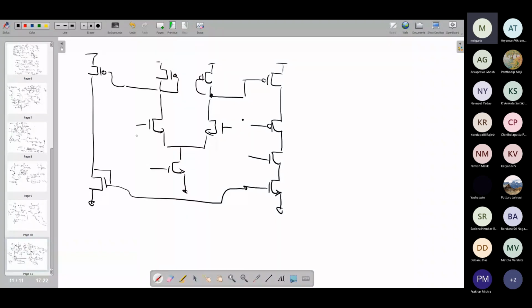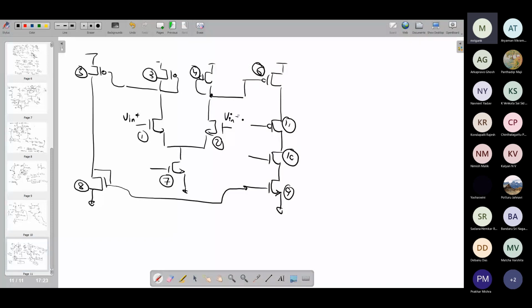So now if I number this M2, M3, M4, 5, 6, whatever, the numbers may not be consistent from one picture to another, and one diagram to another diagram. That you don't worry about, because it was difficult to maintain the same order. Okay. So now if I look at this, suppose I'm applying the Vin plus over here, Vin minus over here.